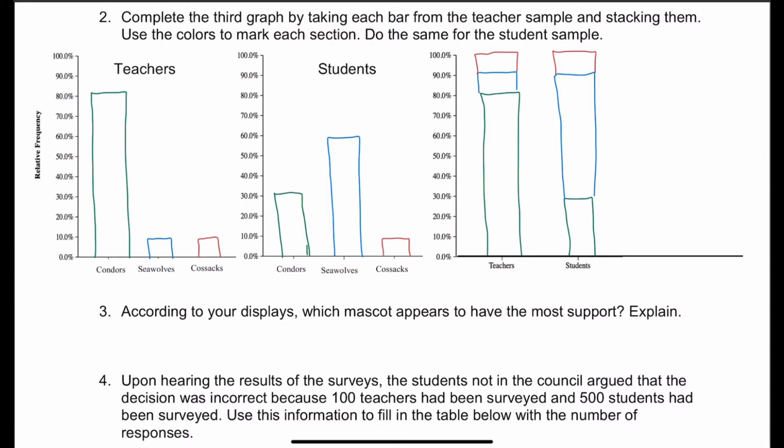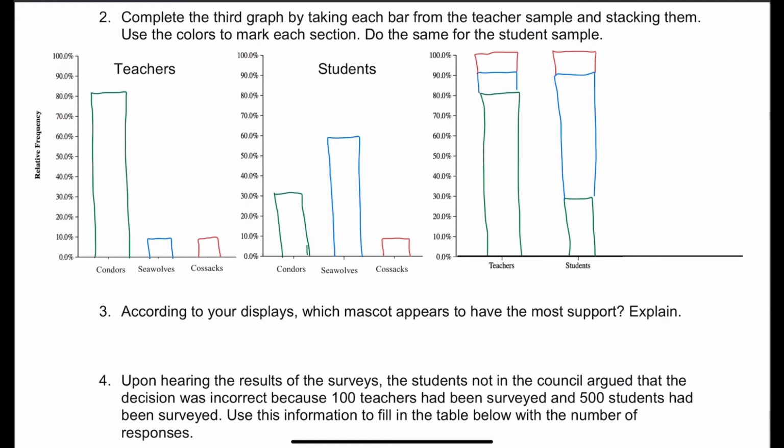So your job is to look at this and determine, according to this display, what mascot do we think had the most support? So what we can do is take a look at these bars here and ask ourselves, well, which one actually looks like it has the most support? So just looking at it, we know that the green has the most support, right?